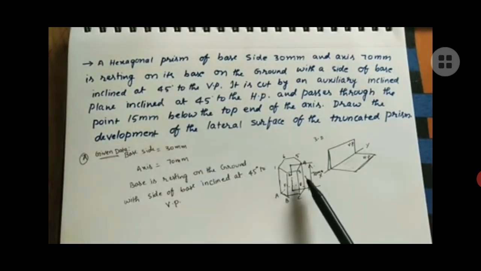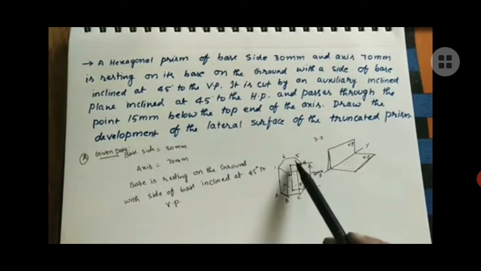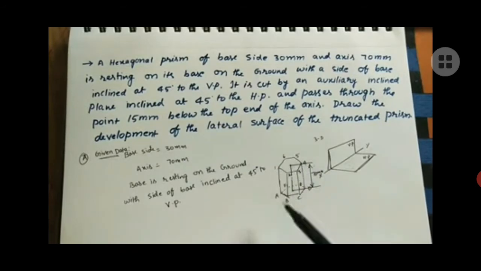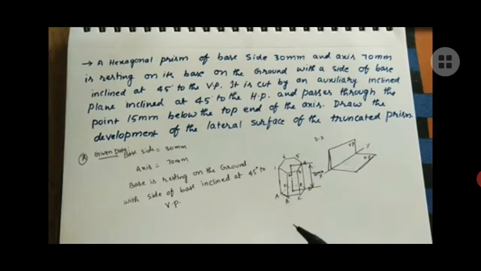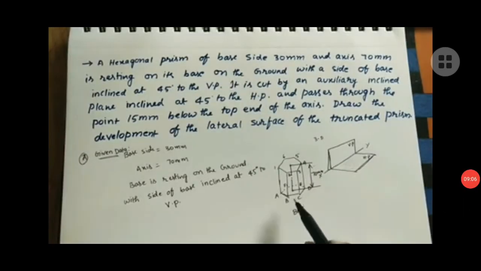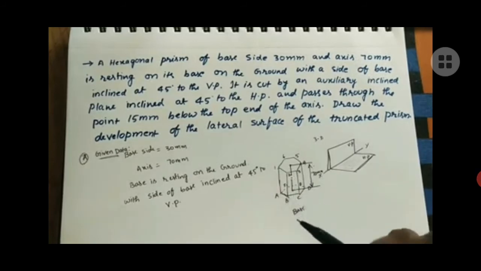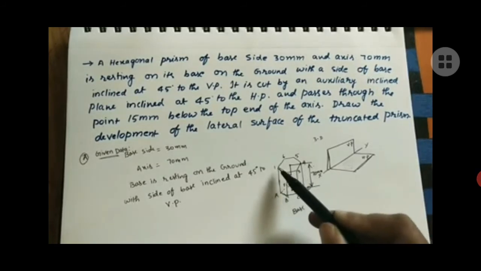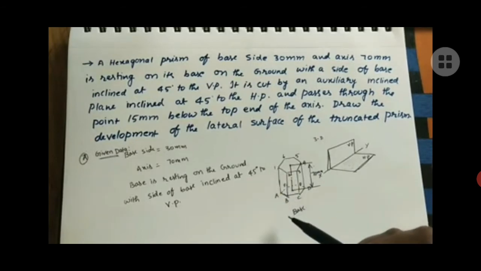In this question a hexagonal prism is given. It has one top surface and one bottom surface, both regular hexagons, joined by end generators 1 A B 2.